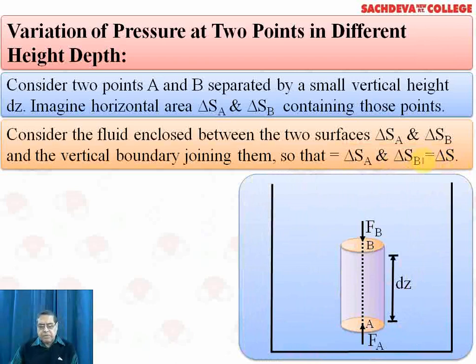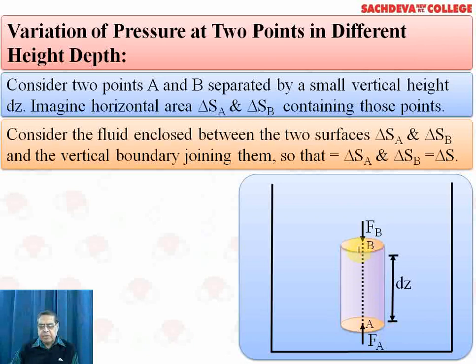Now, in the given figure, the points A and B are in the vertical plane. At point B, the force acting vertically down will be FB and the force acting vertically up will be FA.